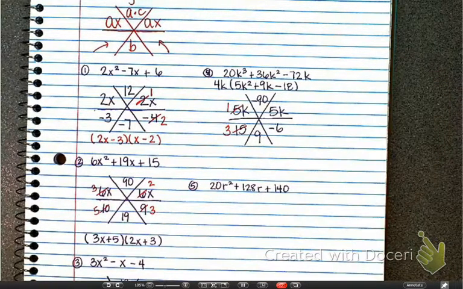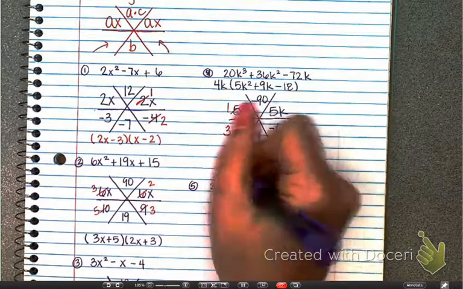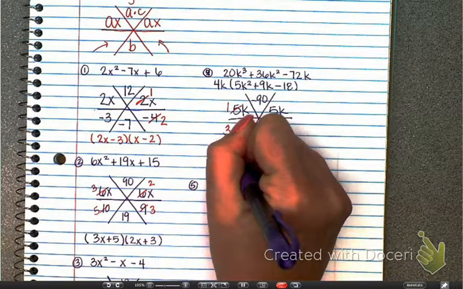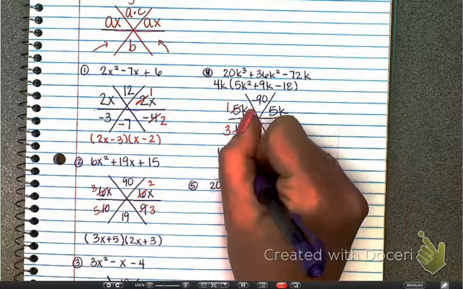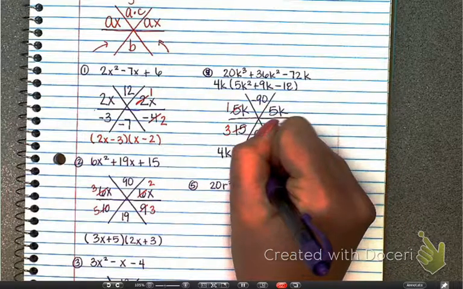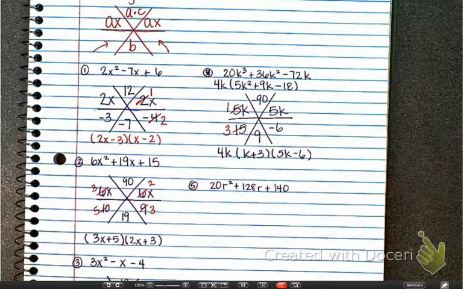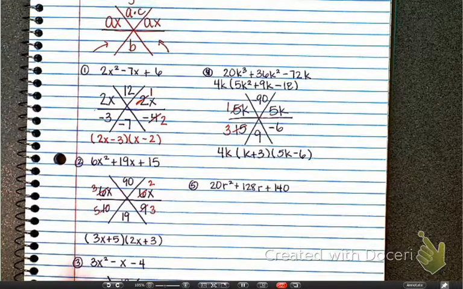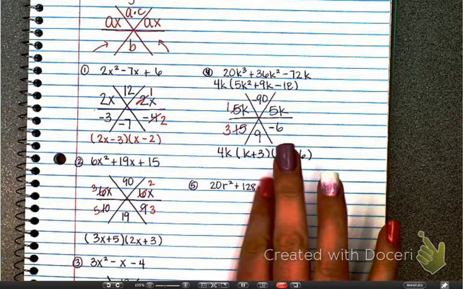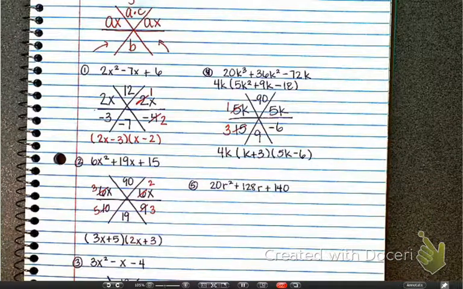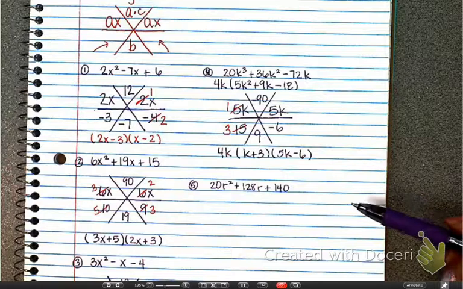No. Final answer is going to be that 4k, don't forget it, times k plus 3 times 5k minus 6. Again, these can be in different orders depending on how you wrote it in your x. That's fine. Did we all get that, or at least get close to it?